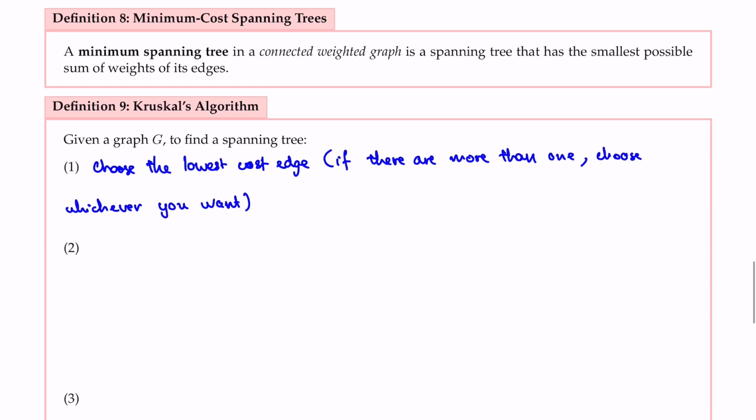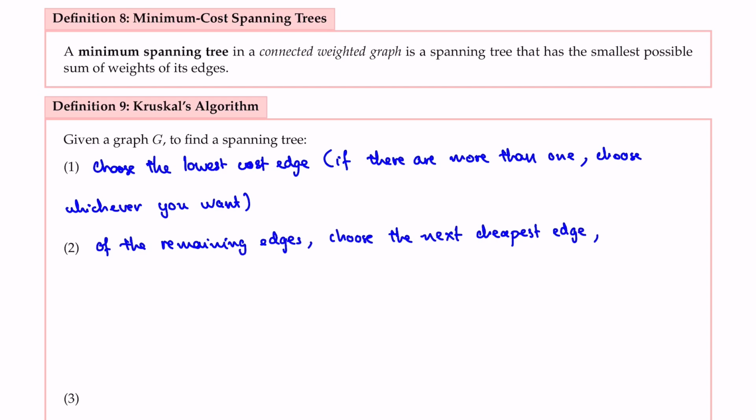Now moving on to step 2: of the remaining edges, choose the next cheapest edge, provided that it does not form a cycle with the spanning tree you built so far.